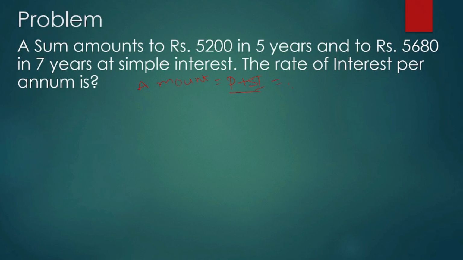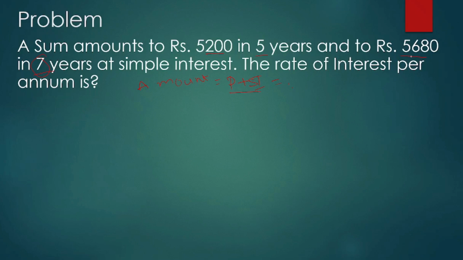So here we have the amount for 5 years is 5,200, and for 7 years 5,680. So for 7 years, the interest is more than for 5 years. So the amount here is increased only because of the simple interest.